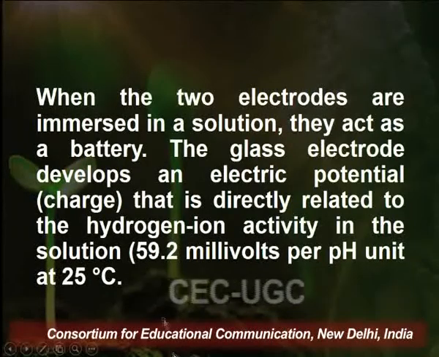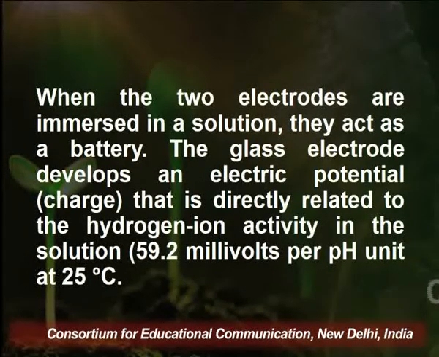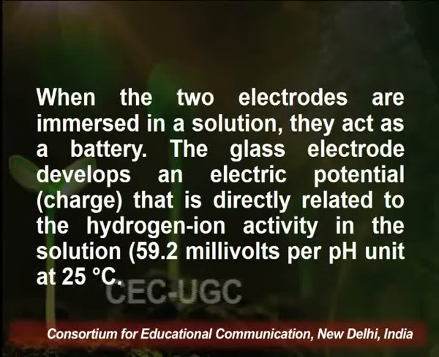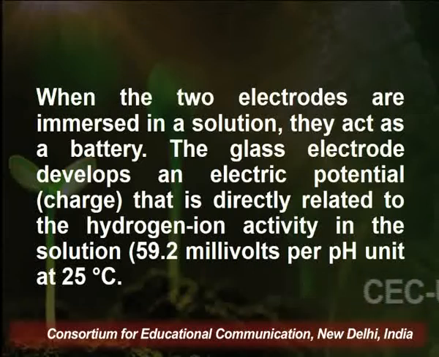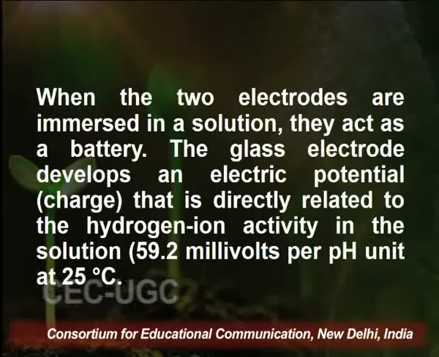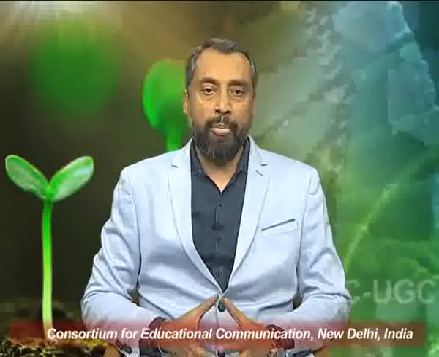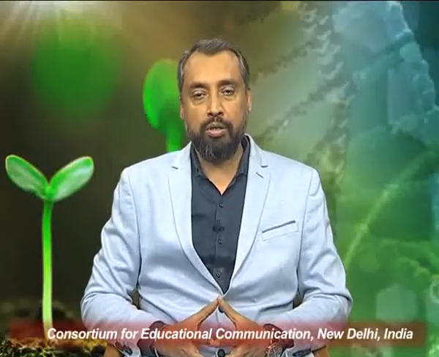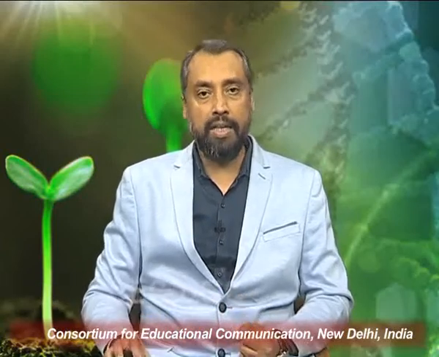When two electrodes are immersed in a solution, they act as a battery. The glass electrode develops an electric potential, or we can say the charge, that is directly related to the hydrogen ion activity in the solution. To give you an idea, approximately 59.2 millivolts are created per pH unit at 25 degrees Celsius.